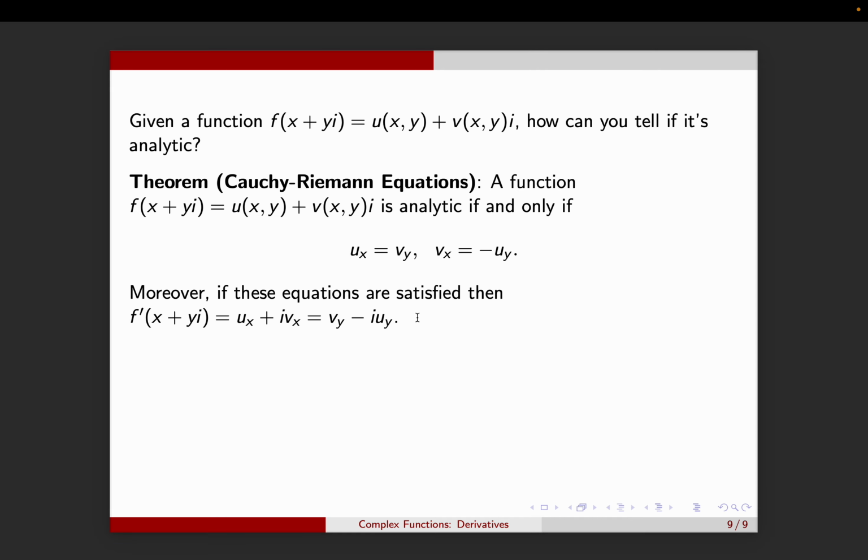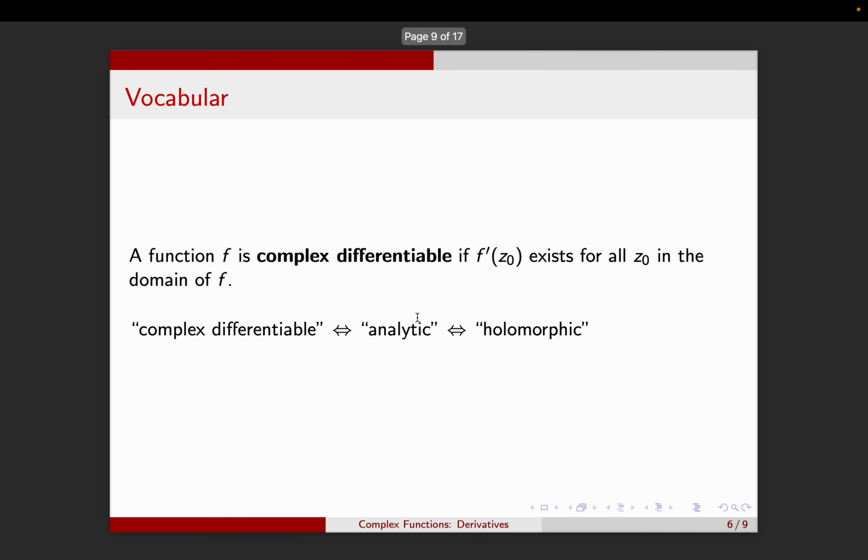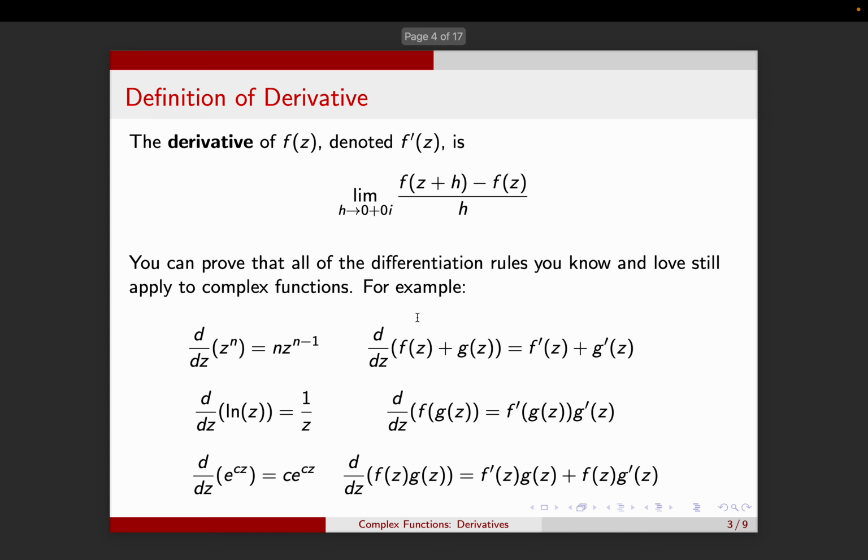Now, of course, if your function is written like z cubed, then you know the answer is 3z squared. If your function is e to the 5z, the answer is 5e to the 5z, whatever, right?